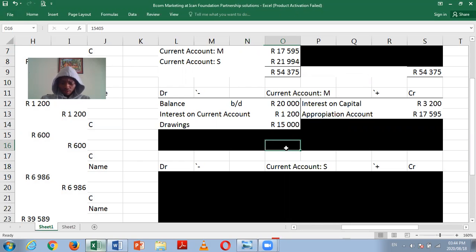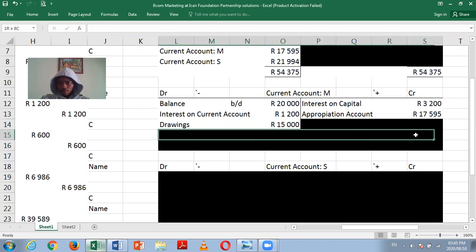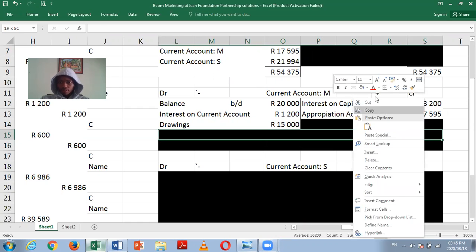Okay, so by just looking at what we have on the debit and what we have on the credit, which side is greater? 36,200 on this side, already this side is 20,000. So it means the debit side is greater, right? So you're going to put the total that you have on the debit side on both sides.